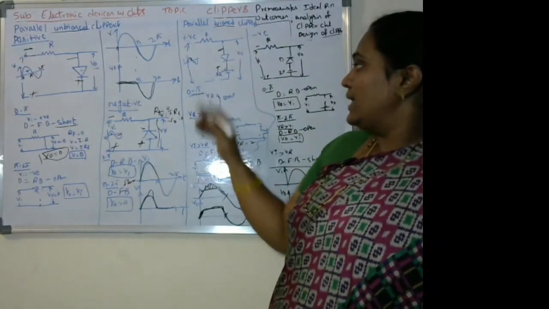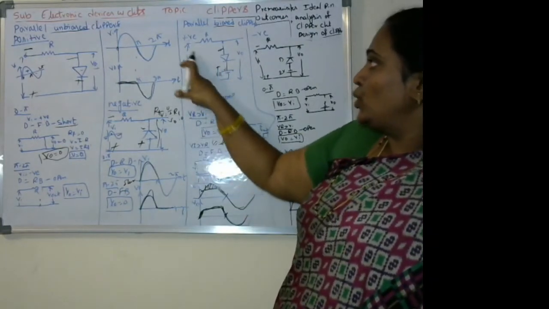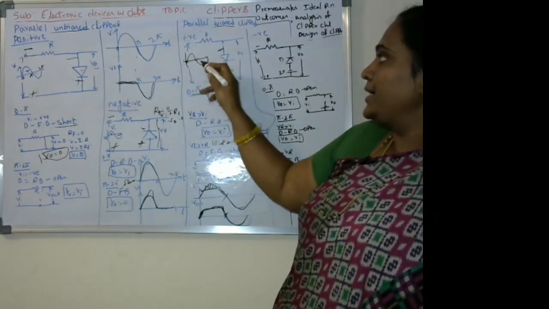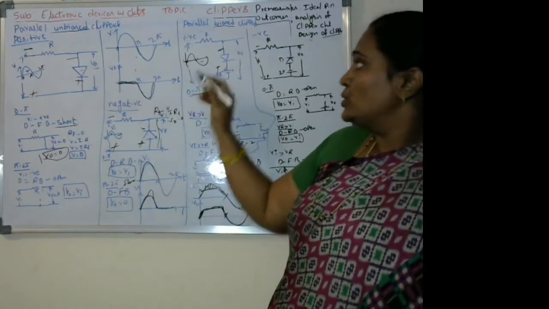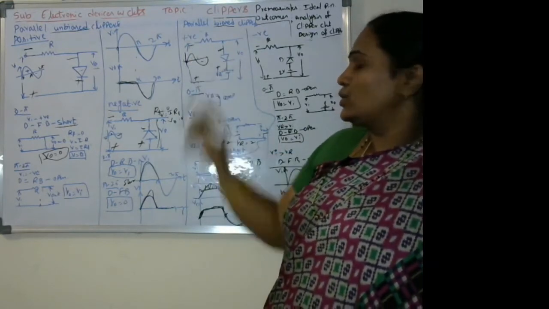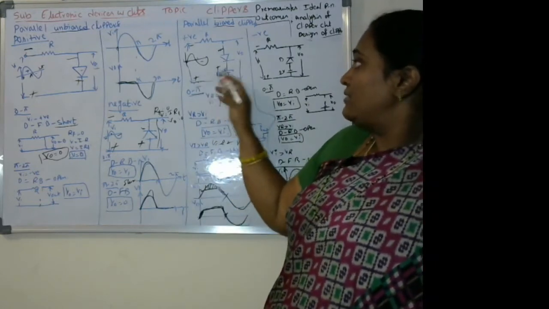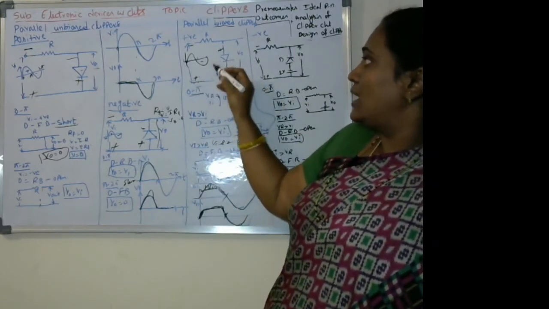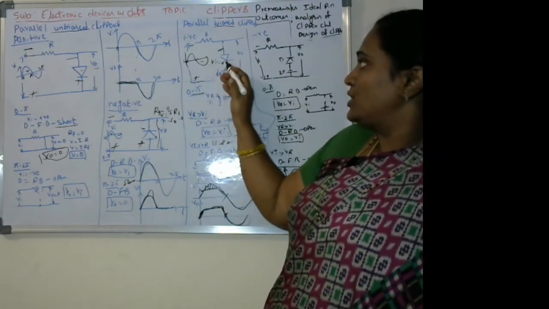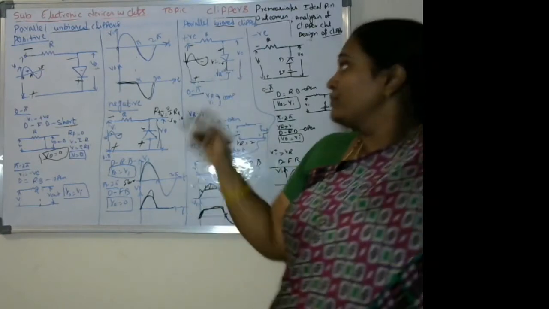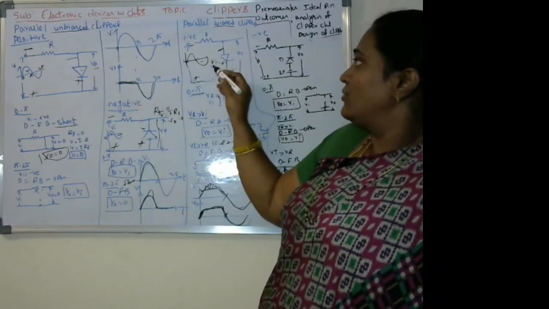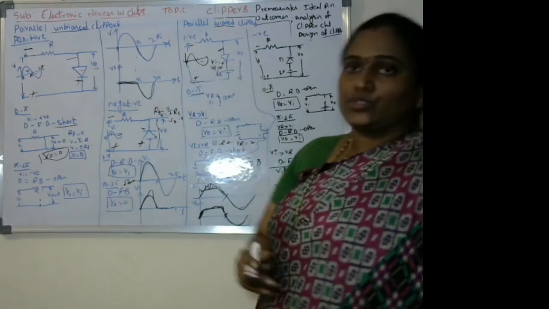Next we have to do the analysis with respect to the pi to 2 pi case. The pi to 2 pi case goes for negative. So in this case the supply will be negative here and positive here. With respect to the reference also, we have to see: with respect to VI it goes positive in this potential, observing across the N, and the reference voltage VR is also positive.